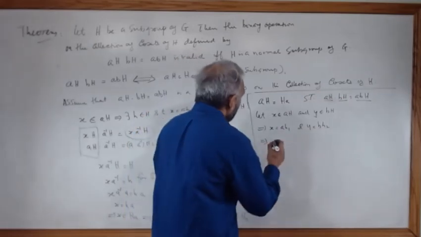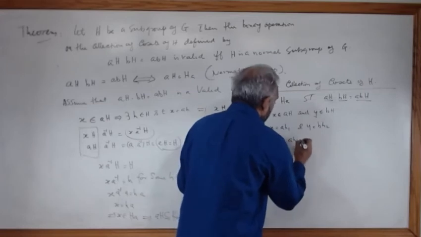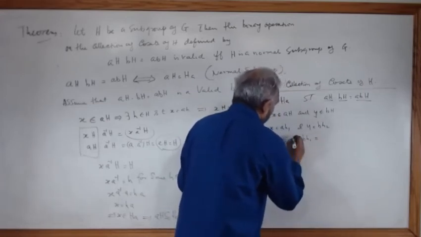And that implies XY is equal to Ah1 times Bh2, and we combine these two together.